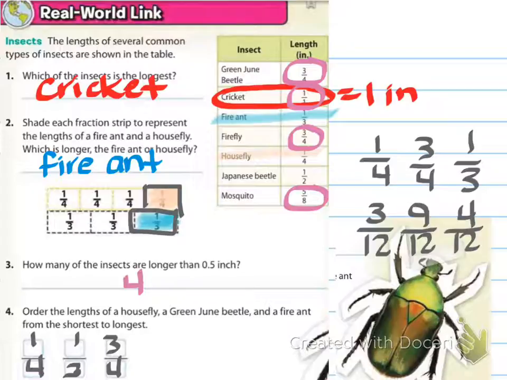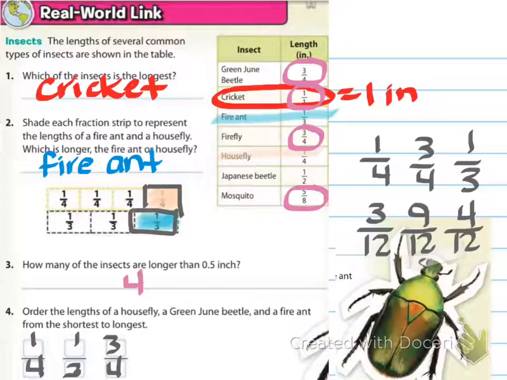Based on those numbers, and I could find common denominators too, but using this fraction strip, it's easy to see that the fire ant is actually bigger than the housefly, which I was kind of surprised about.